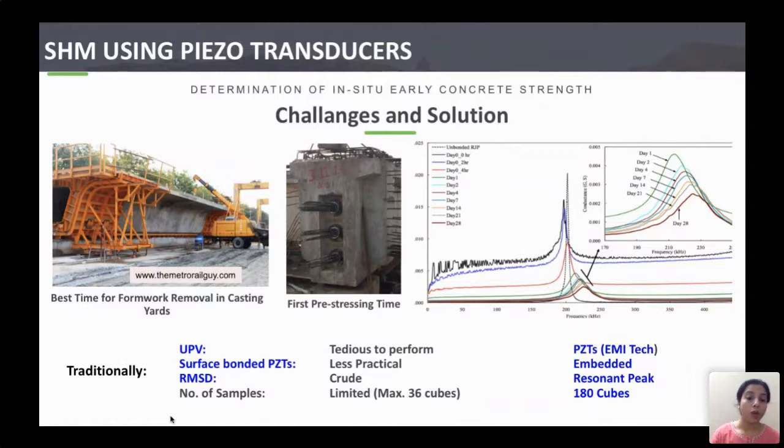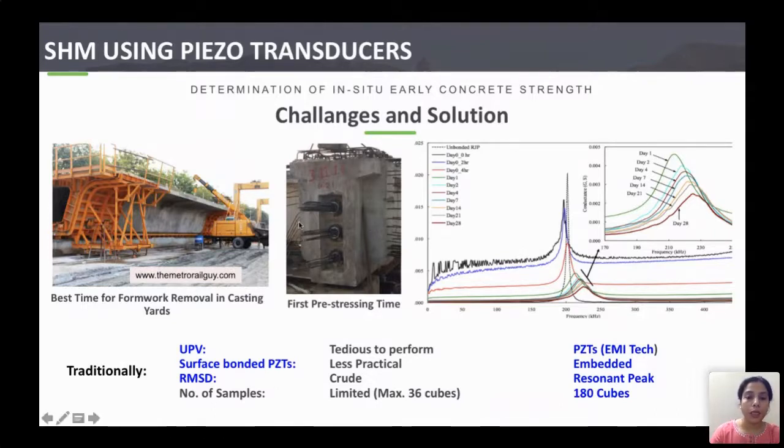And also for the pre-stressing girders, it is important to know whether the concrete has reached its required strength so that we can do the pre-stressing. For that, we have given a solution where we can measure the early in situ concrete strength using the piezoelectric sensors.